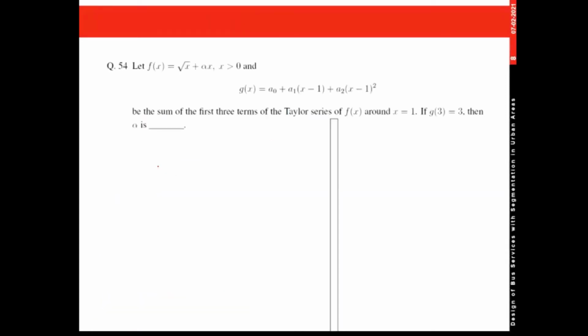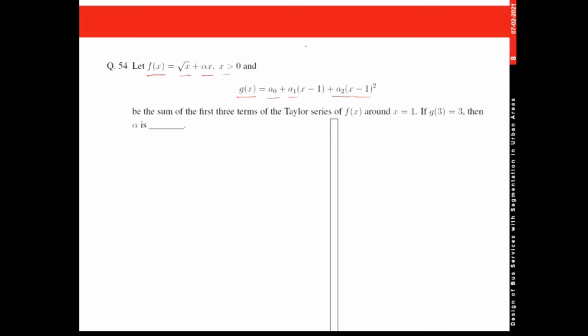Now again, one more question from the Taylor series part. In this question, we are given f of x is equal to root x plus alpha x, for x greater than 0, and g of x is equal to a naught plus a1 (x minus 1) plus a2 (x minus 1) squared.